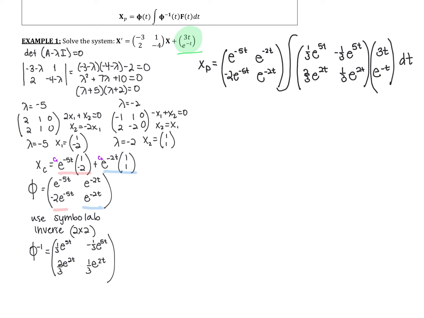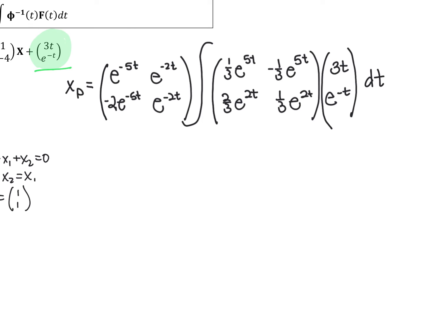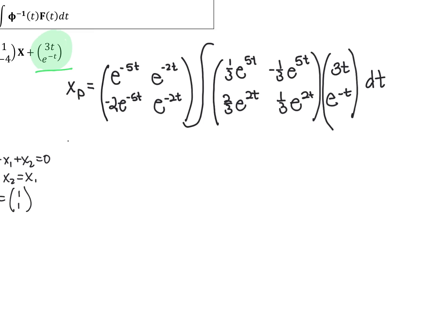Okay, so I'm going to cheat just a little bit. When I go to write my particular solution and we go to solve this, I'm actually going to do this in parts. The first thing I'm going to do is take this matrix multiplication.